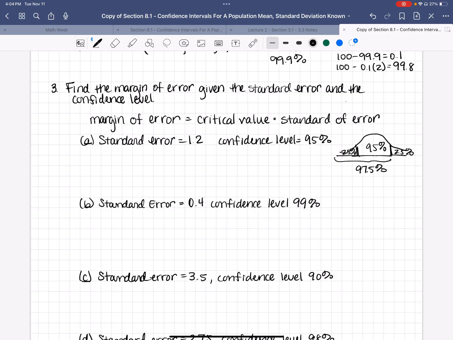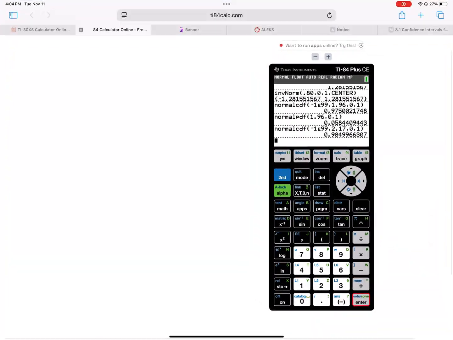Okay, so I'm going to do an inverse norm of 0.975.